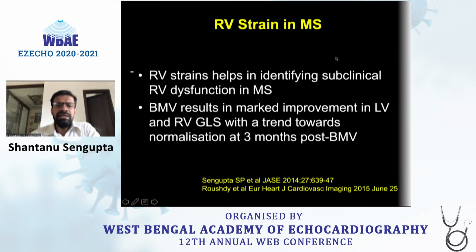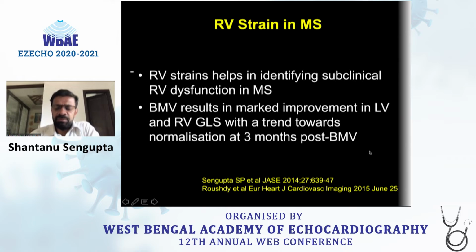RV strain in valvular heart disease is also being used, and it has been shown that it can identify subclinical RV dysfunction. And BMV does cause an improvement in both LV and RV strain, immediately and at 3 months.